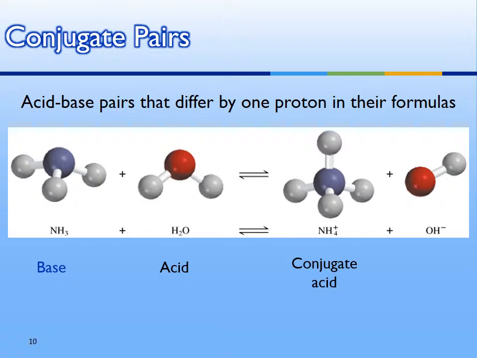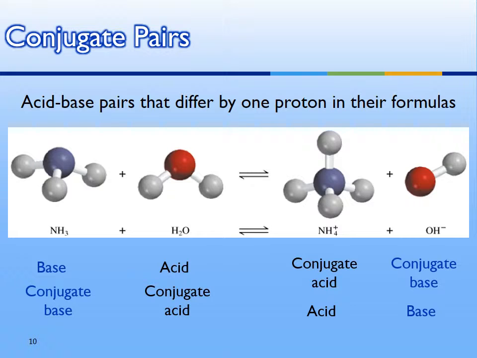On the other hand, water is the acid in this case, because it provides the hydrogen ion and it becomes the hydroxide ion, which is the conjugate base. Or if we were to look at the reaction in reverse, then hydroxide ion would be the base, the water would be its conjugate acid, and of course the ammonium ion would be the acid, as we already have discussed, and ammonia would be the conjugate base.